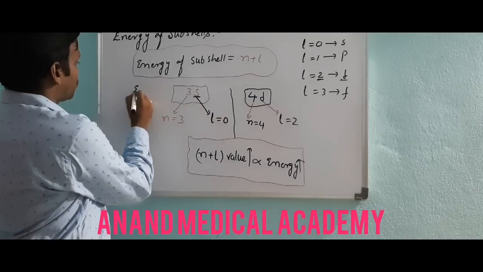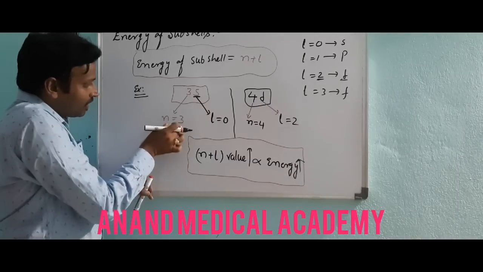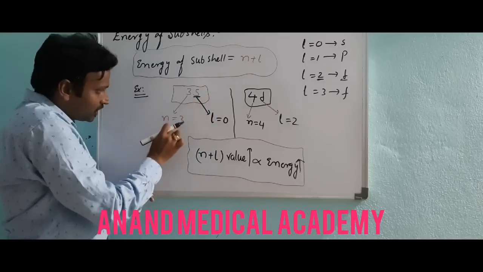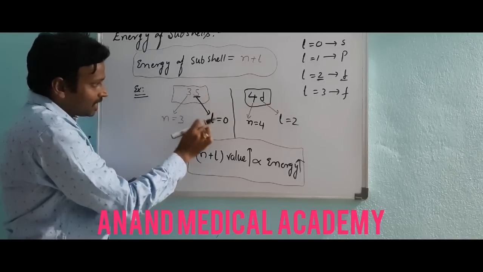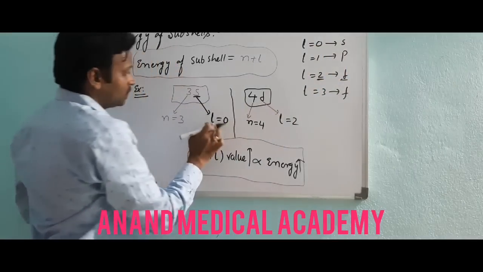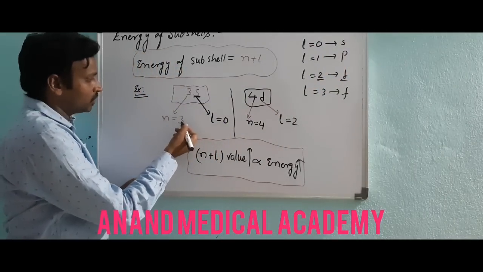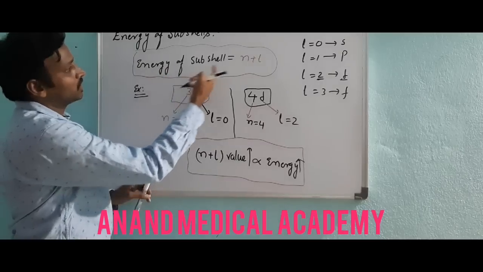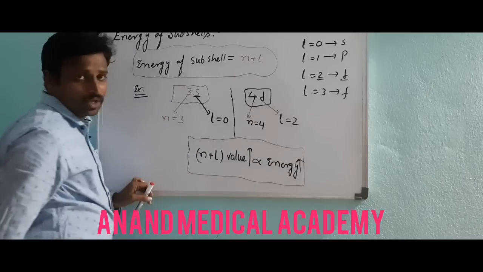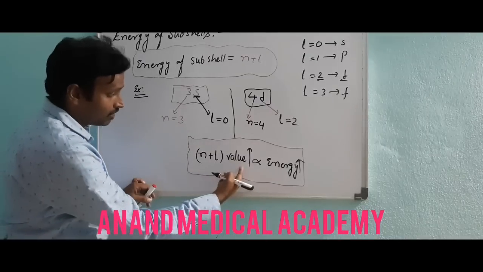Here I have given some examples. For 3s, the n value is 3 and s means l value is 0. So what is the n plus l value? 3 plus 0, because energy of a subshell is n plus l value. Here 3 plus 0, here 4 plus 2. Which has more energy? This one, because its n plus l value is more.